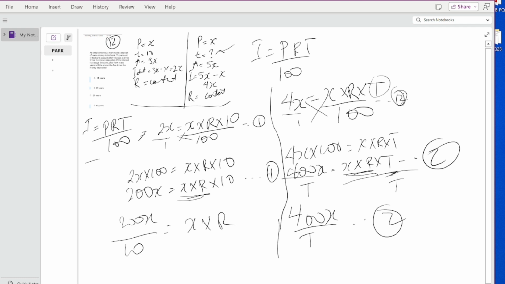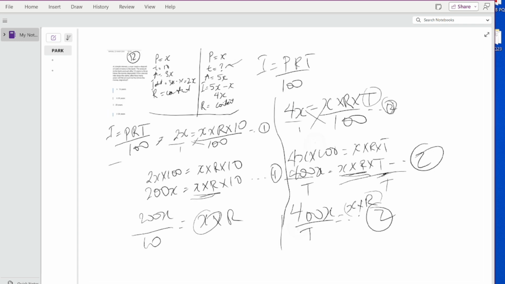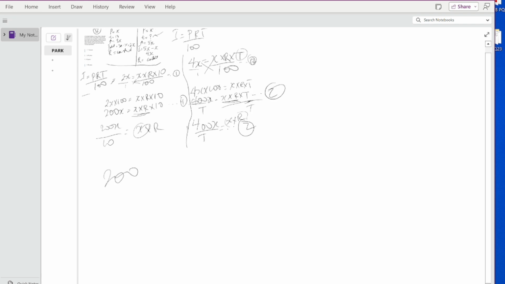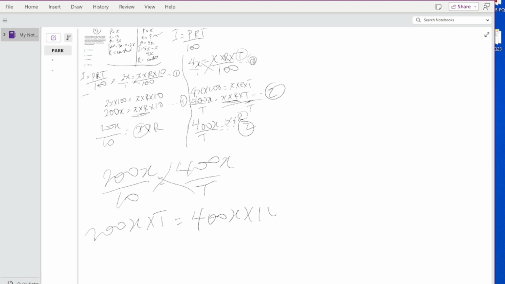We have x times r on both sides, so x times r here is x times r here, so we equate both equations. 200x over 10 is equal to 400x over t. Since we're looking for t, we'll cross multiply. We have 200x times t equals 400x times 10.